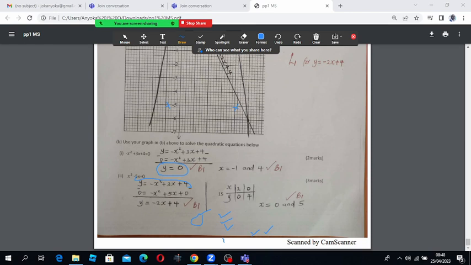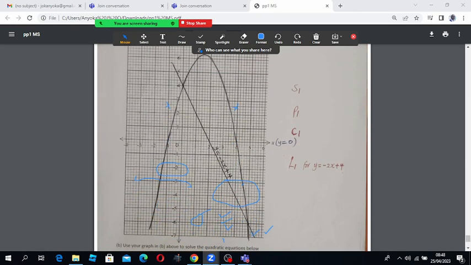This minus 2x is equals to y. Make a table of values. When x is equals to 2, y is 0. When x is equals to 0, y is 4. Then draw the line y is equals to -2.